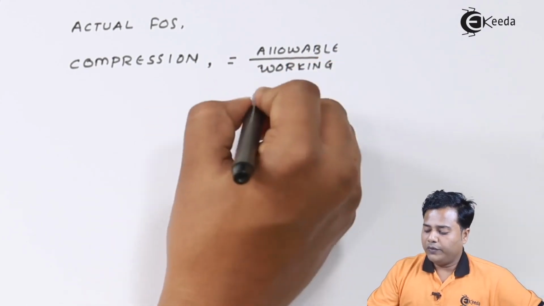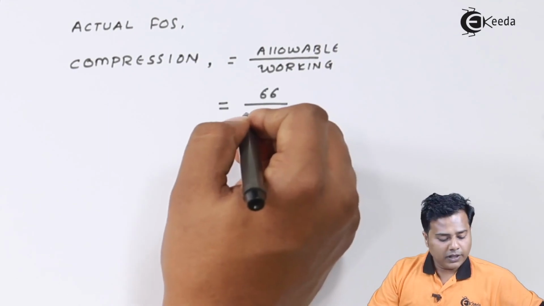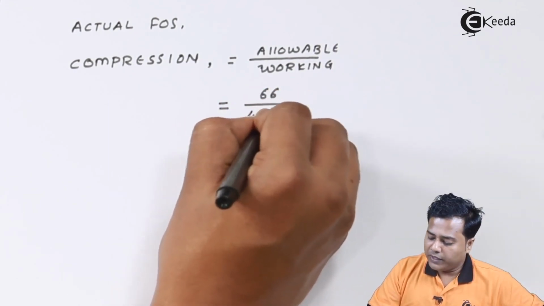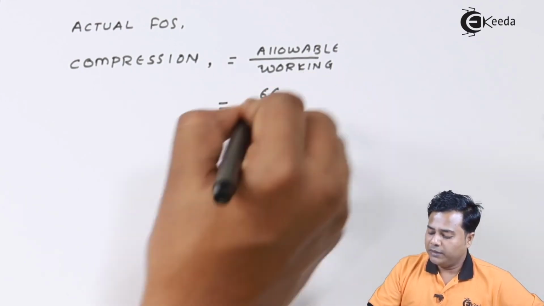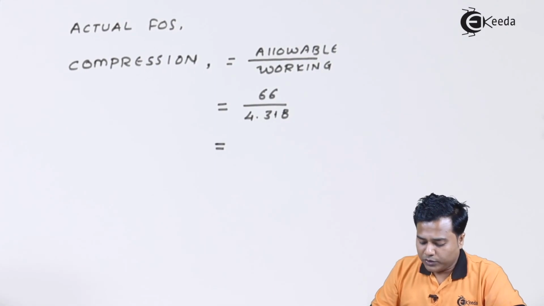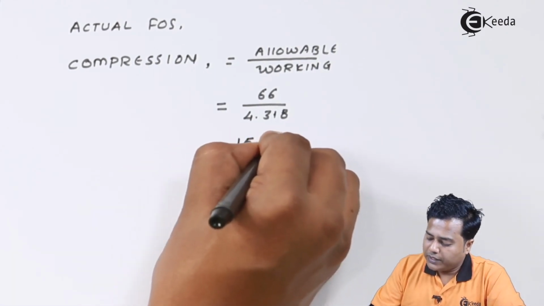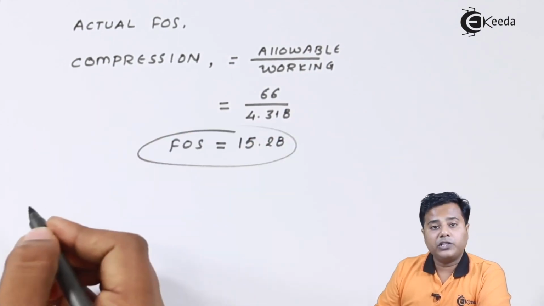The allowable value we had got was 66 in compression, and the working value in compression which we have obtained is 4.318. Let us ignore its sign because that's the compression, we just need the magnitude. So the value comes out to be somewhere equal to 15.28. That's the factor of safety I get for the compression.